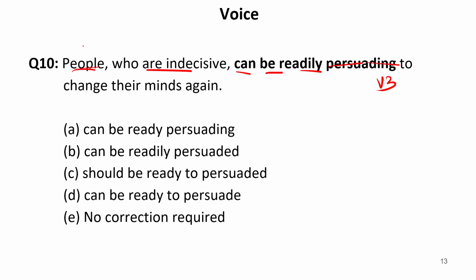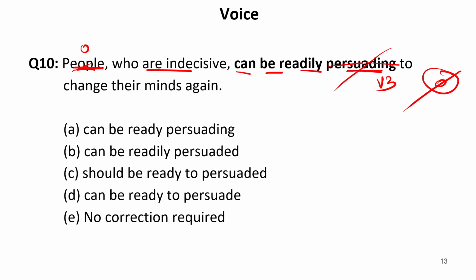People, of course. So people are behaving like objects, because they are not persuading anyone else. If I write persuading over here, it means to whom people are persuading. So we need object, but we do not have any object. It means object is people. It means the given sentence should be in passive voice only. Therefore, this persuading has to be replaced with persuaded.